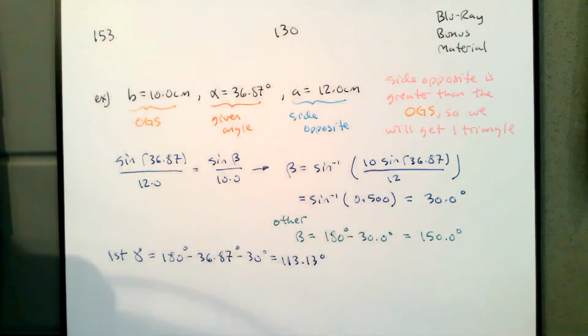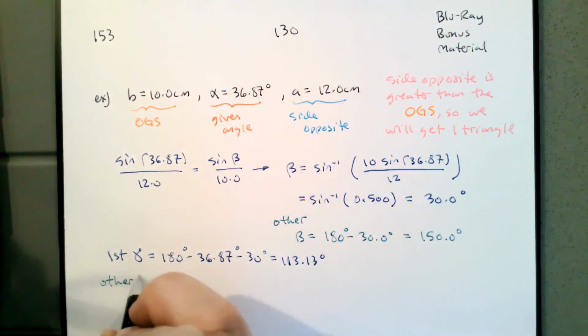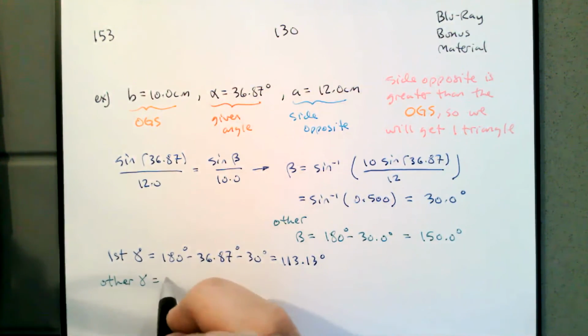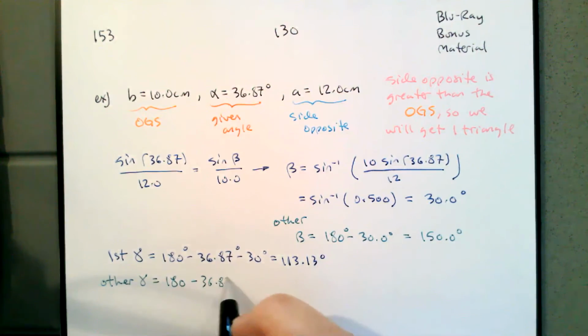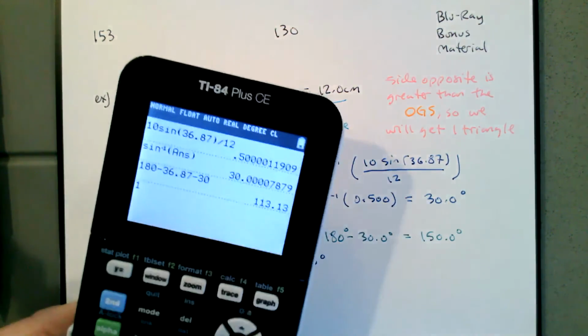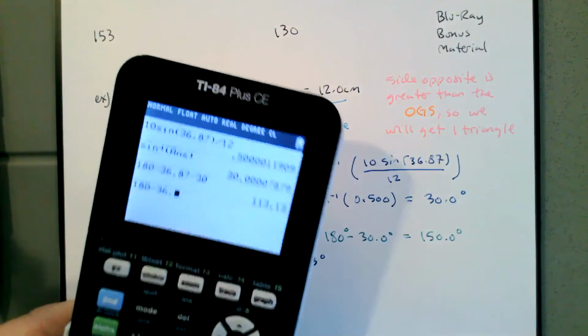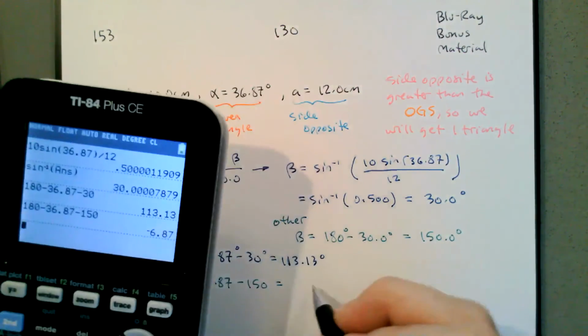That's one of my gammas. When I go to find the other gamma, it's going to end up being negative. So here's our other gamma from our second triangle, which is not going to actually exist. We subtract the 36.87, and we're also subtracting 150. And that's going to end up being negative. So that'll be negative 6.87.